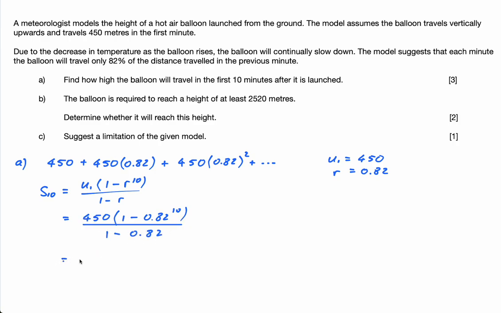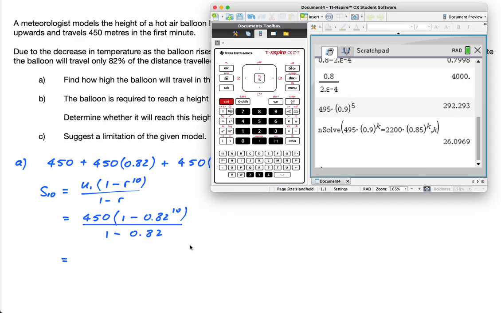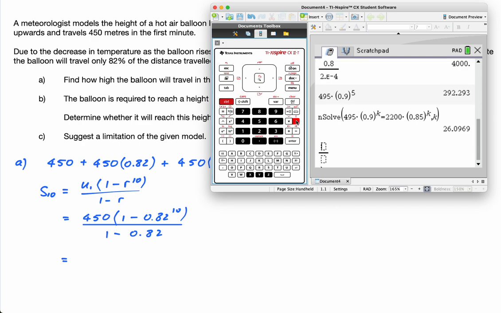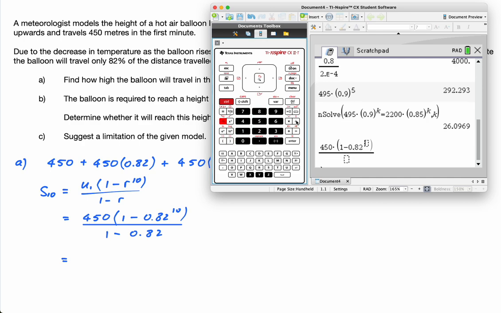So this in the calculator gives me, let's put it in, 450 times 1 minus 0.82 to the power of 10 over 1 minus 0.82.